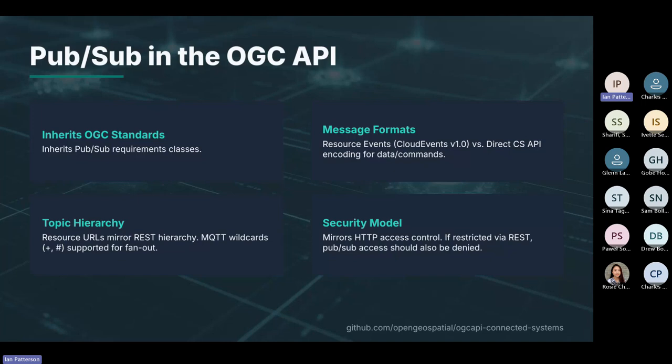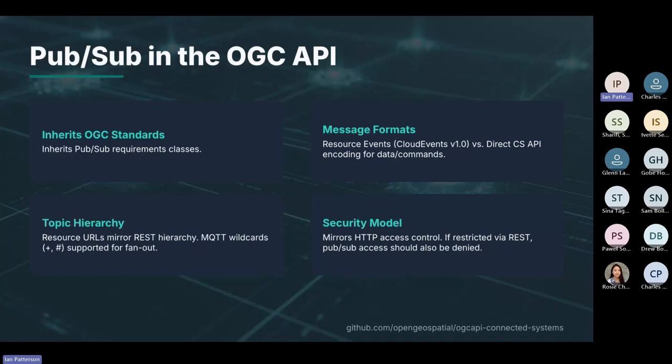Those are going to be Cloud Events version 1.0 formatted messages, as well as direct Connected Systems API encodings. So again, like GeoJSON, SWE JSON, SWE CSV, the binary encodings for part 5, and so on and so forth.